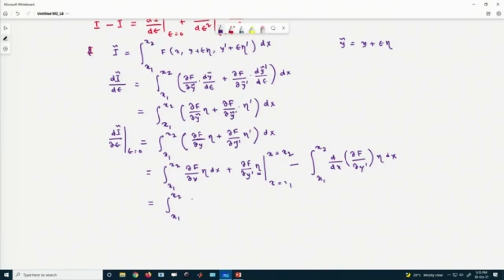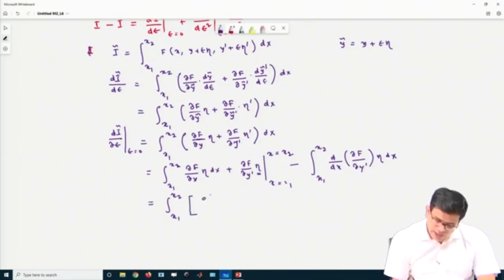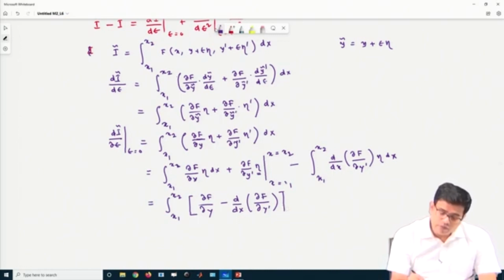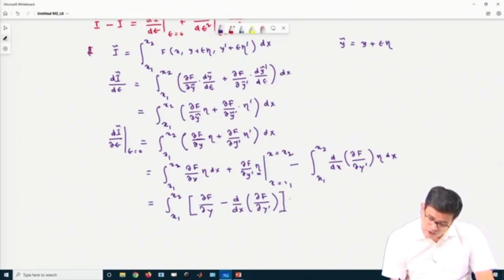Now if I write these two terms together, what I will get is del f by del y minus d dx of del f by del y prime into eta x.